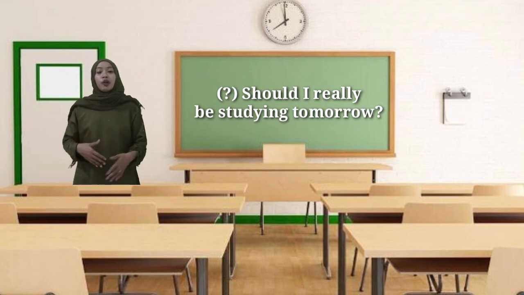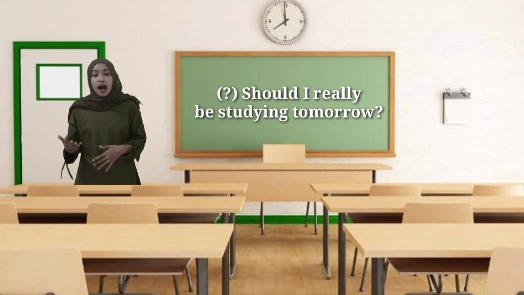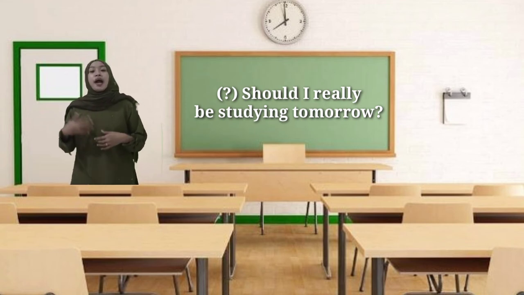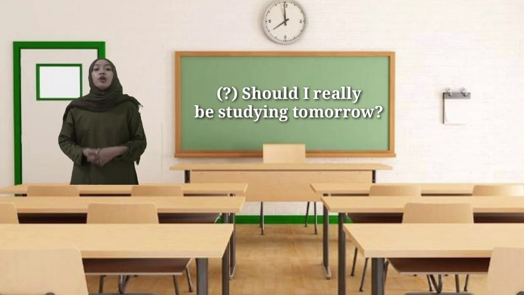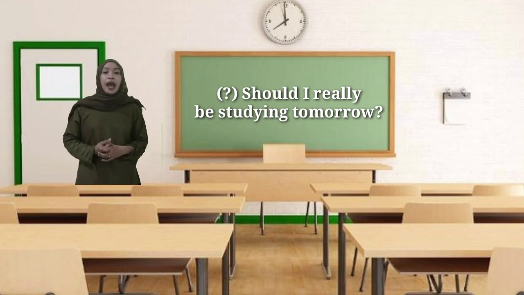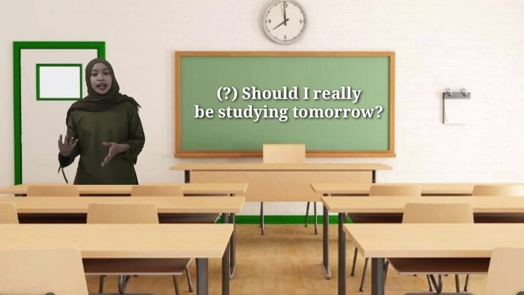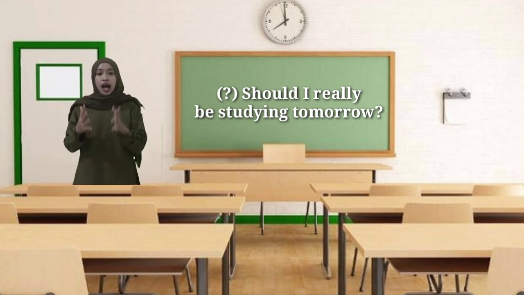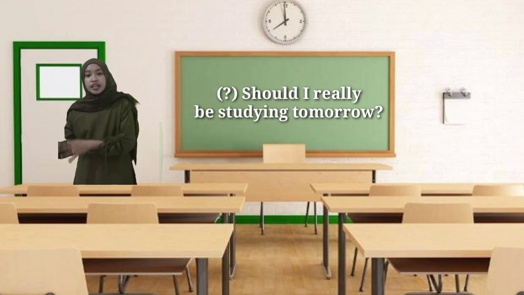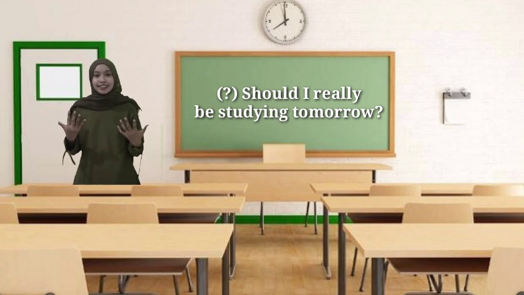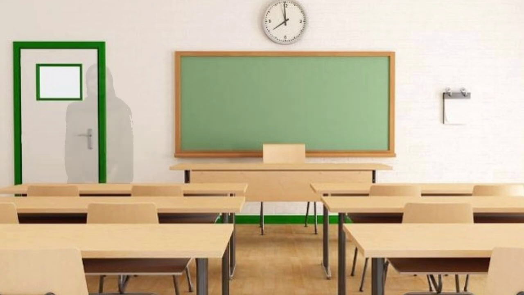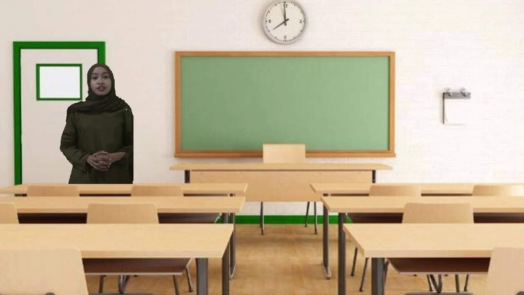Should followed by I, and followed by really, and followed by be, and then the last put verb in the last. Should I really be studying for tomorrow? Do you understand? Great. So that's all our material today.